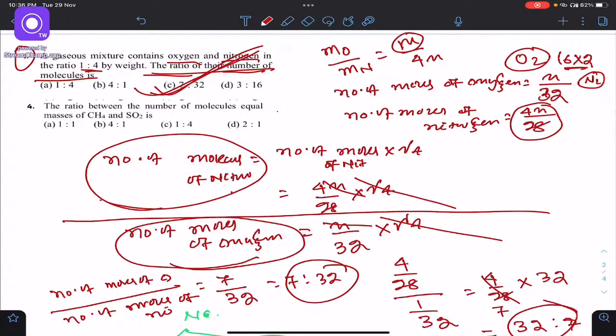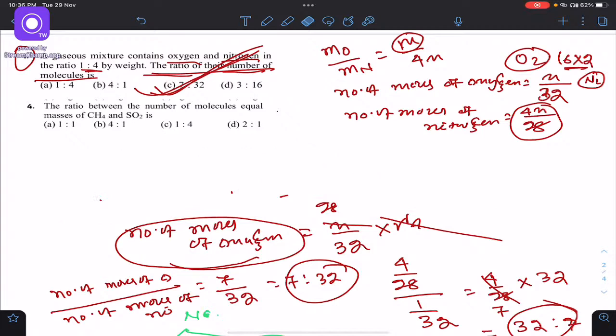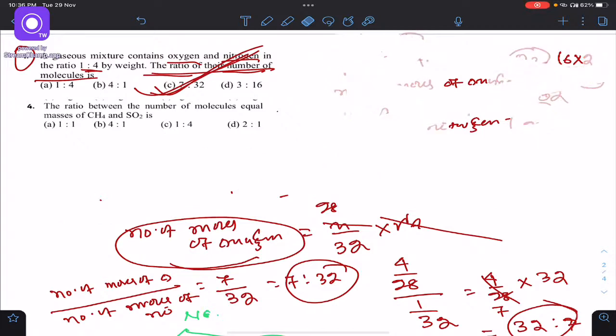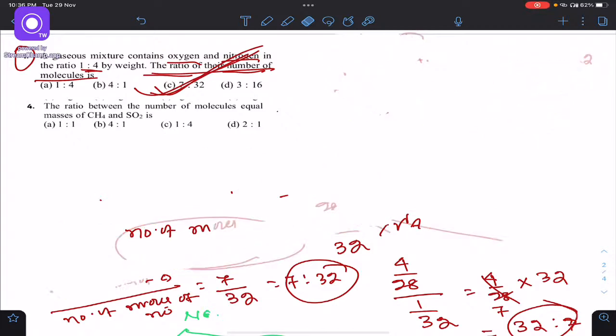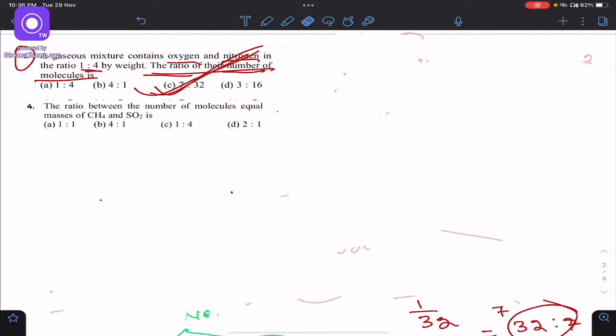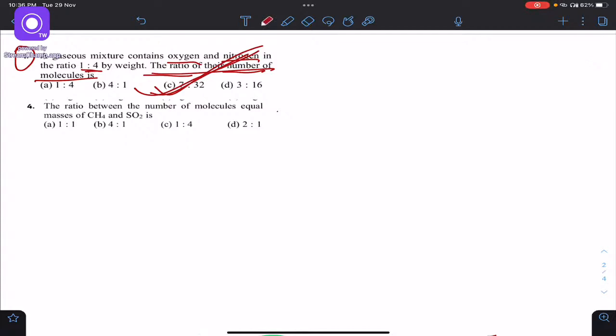Next one is question number 4. This is very important for your CST exam, for your high school teacher exam. Question number 4.